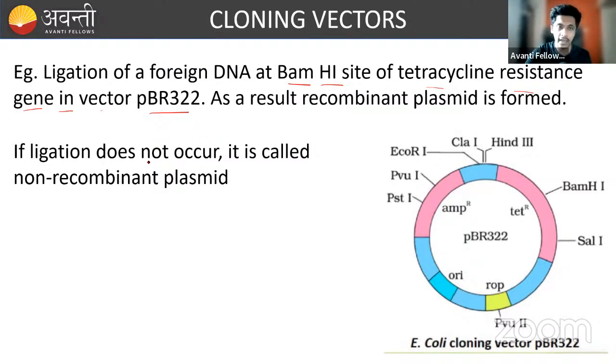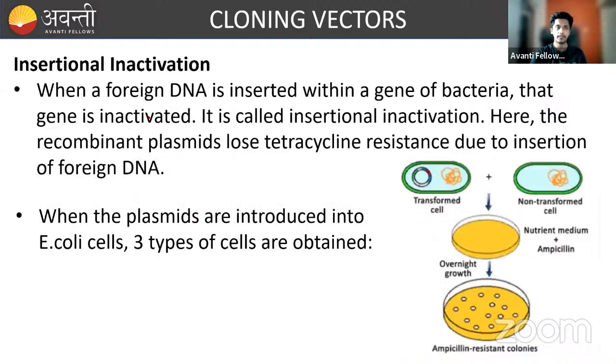If the ligation does not happen at this site, then it is called a non-recombinant plasmid. Did you understand? They do not carry this specific character of our foreign gene. When they have this exact gene at the tetracycline resistance gene, then we call it a recombinant plasmid. When they do not carry this specific character at a specific location, we call it a non-recombinant plasmid.